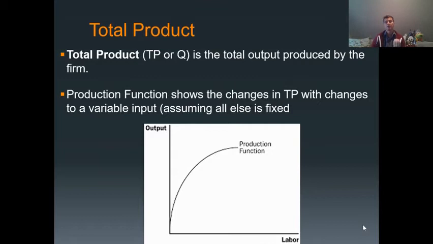And you notice that your output is increasing as you increase your labor. It's increasing at a decreasing rate. Now, once again, that's going to be important. Now, normally when you do this, you assume everything else is fixed. You isolate one input at a time, not trying to do all of them, because that would just be too difficult to figure out each one's impact on output.